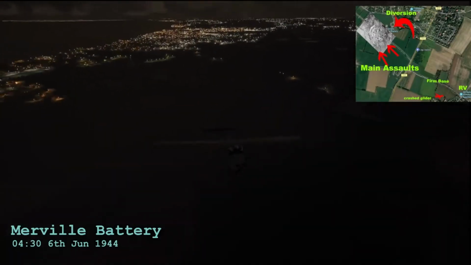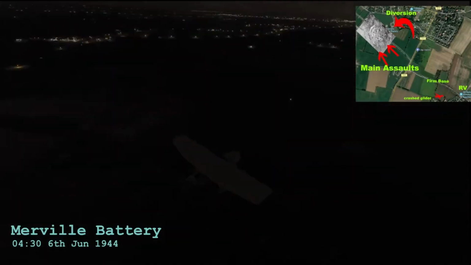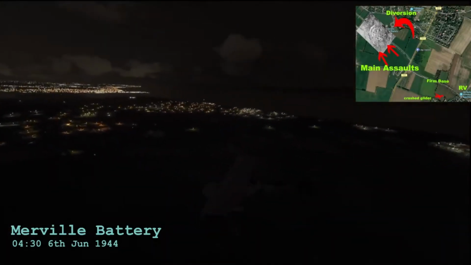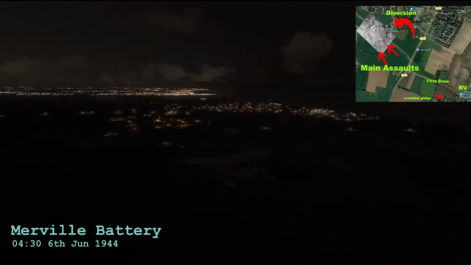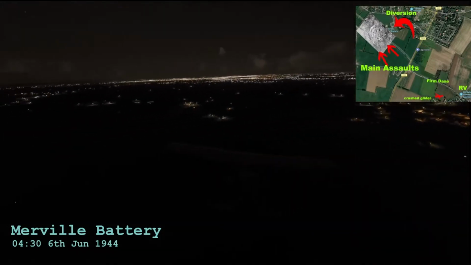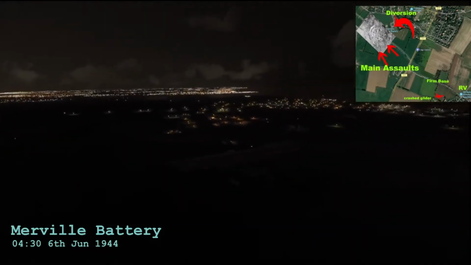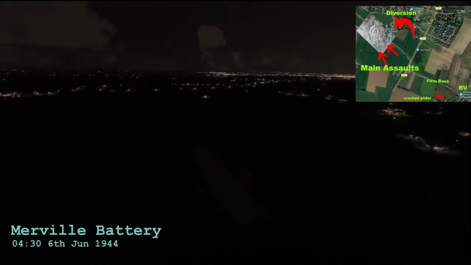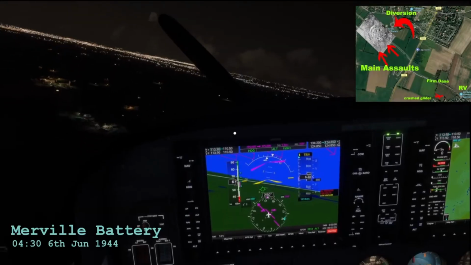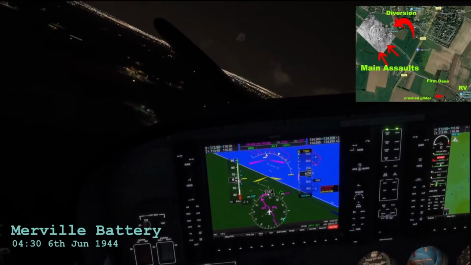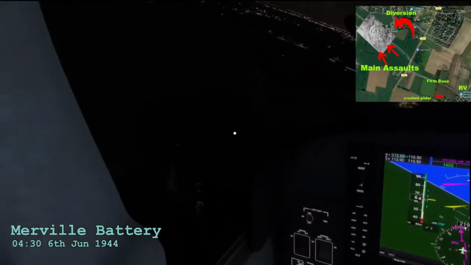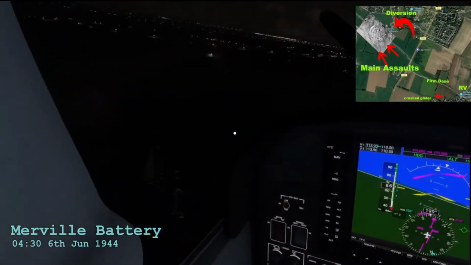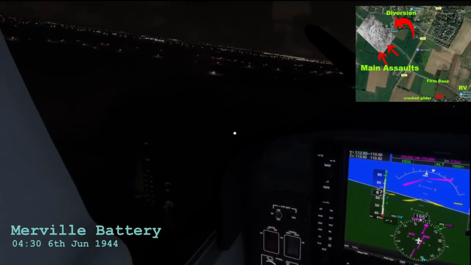This is set to the correct moonlight as well, I think, for D-Day, and you kind of just have to guess. So we're searching here, trying to find the battery.